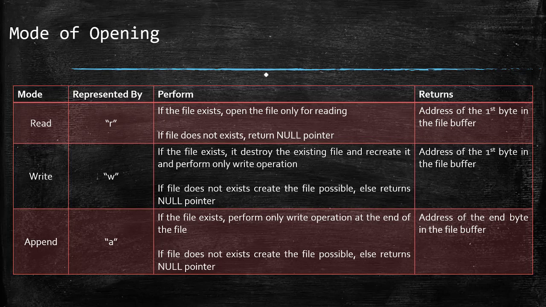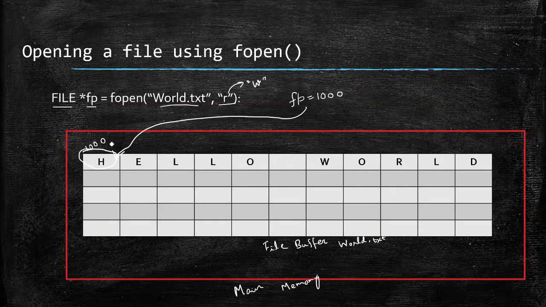Otherwise, if the file exists, or does not exist but can be created, then it will return the address of the first byte in the file buffer. So it will also return 1000, but remember that no data will be there, because in write mode it will first destroy, meaning it will lose all the content.